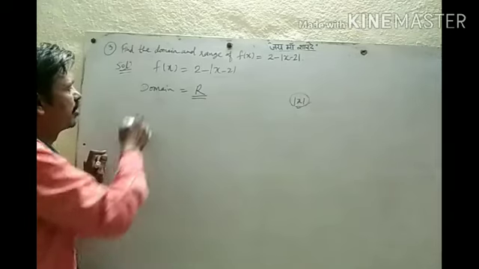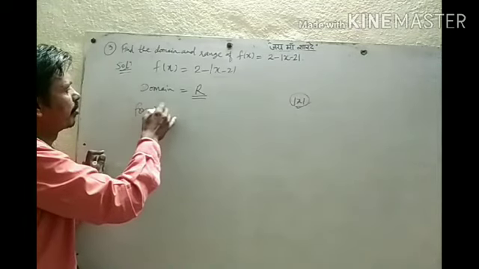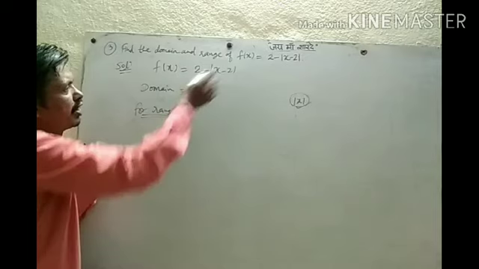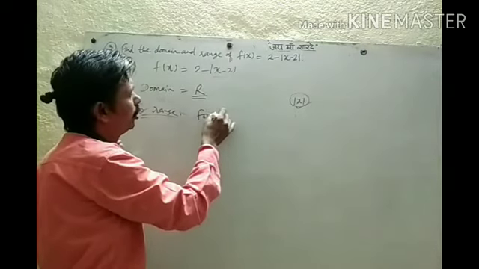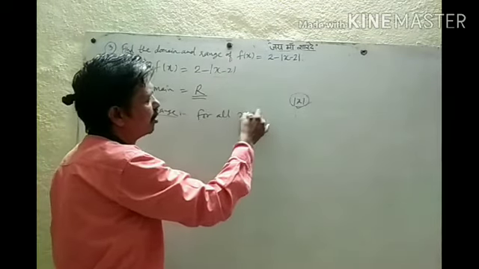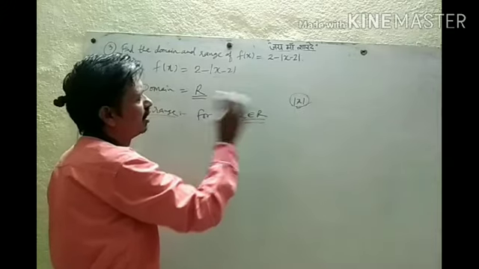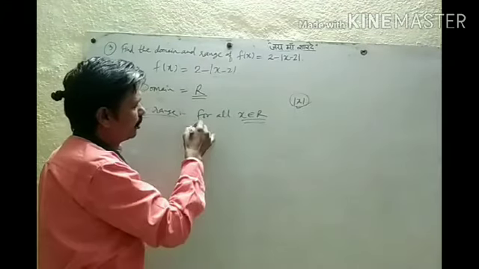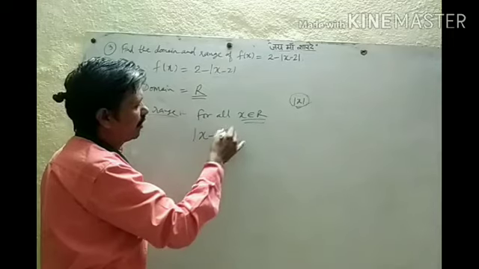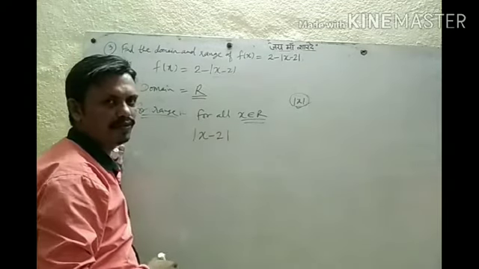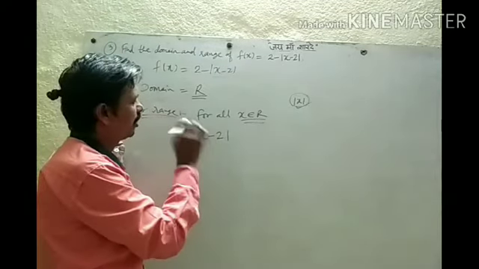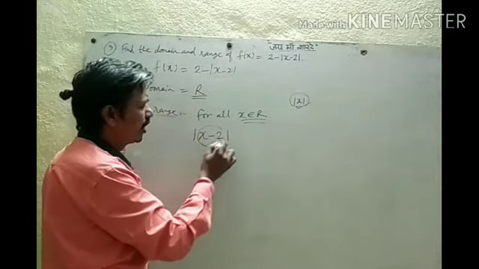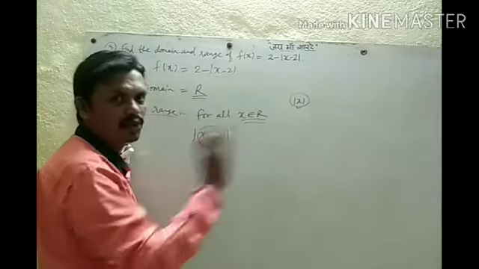Now for the range, in the case of this function, for all x belonging to R, our x is a real number, the domain. For every real number, if we find the value of mod of x minus 2, whatever x you put, we get its value positive.